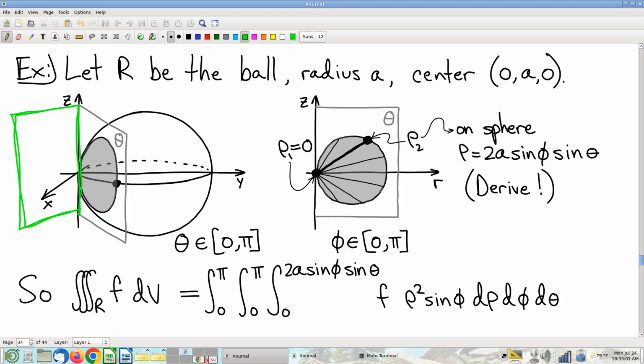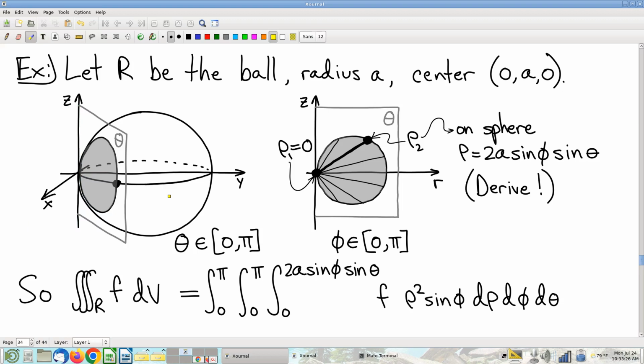Swing and a miss. There's nothing over there. Does that make sense? Or said differently, this entire ball is in the positive y side of the xz plane. So it's all to the right of the xz plane. There's nothing to the left. Does that geometrically help? Okay, cool. Good.